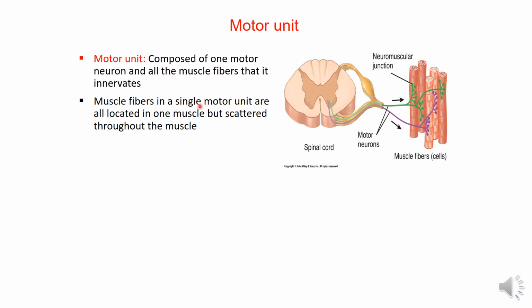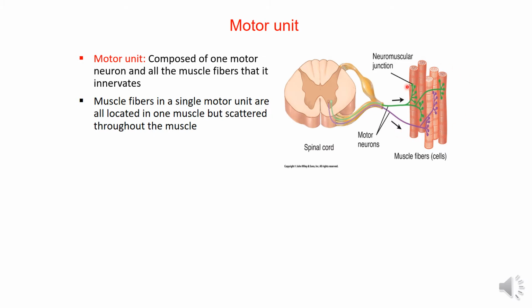Muscle fibers in a single motor unit are located in one muscle but scattered throughout the muscle. This means that a motor unit supplies a different number of muscle fibers.